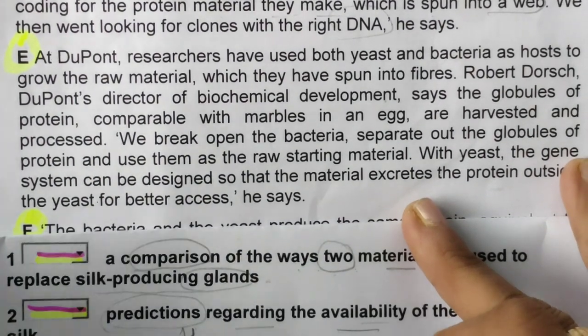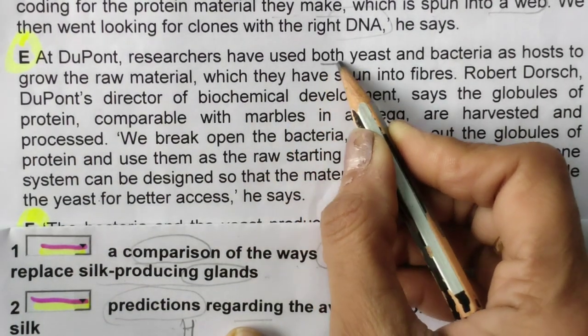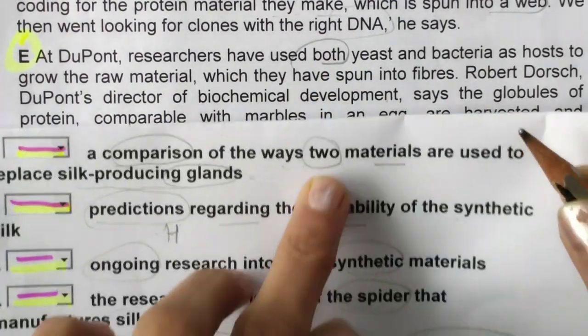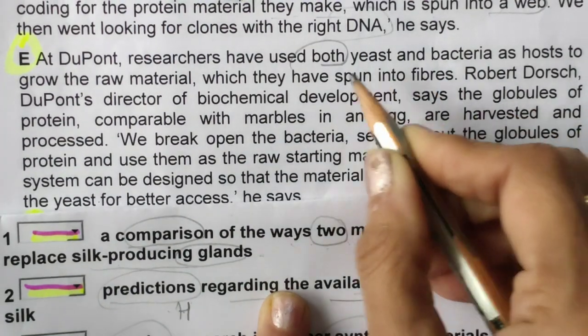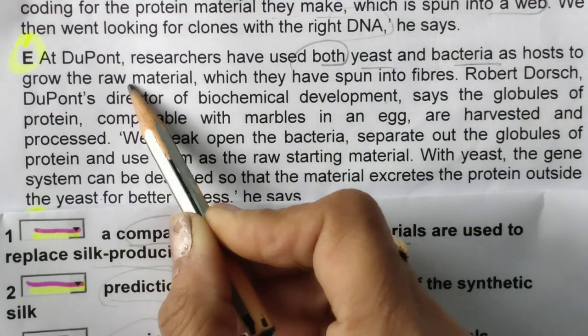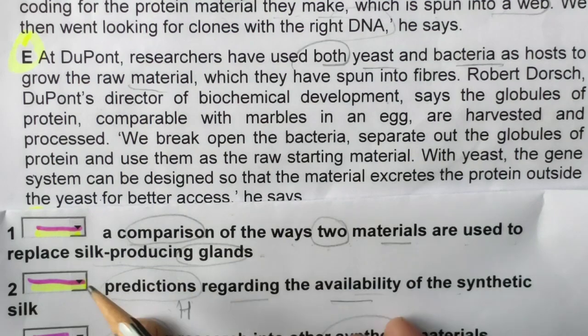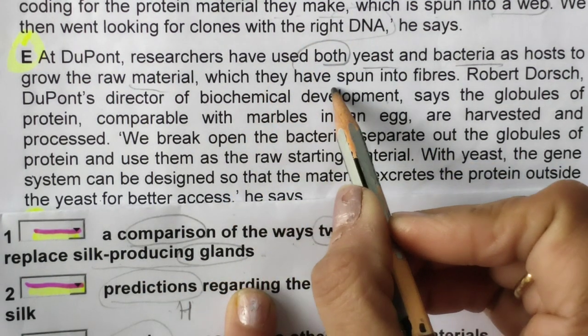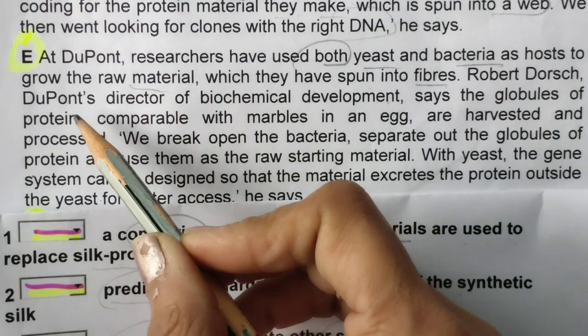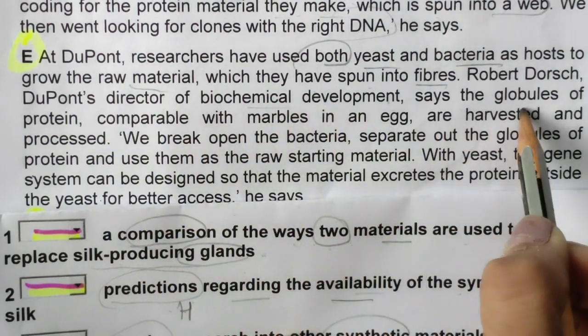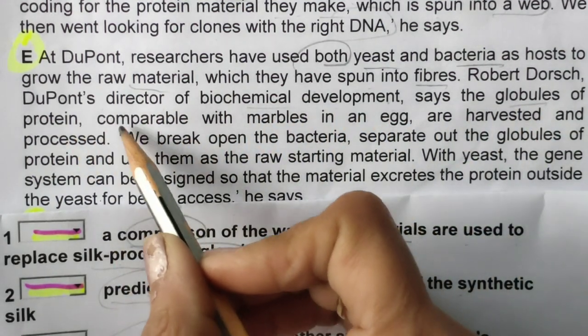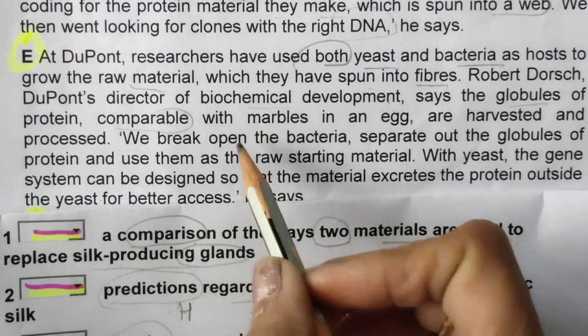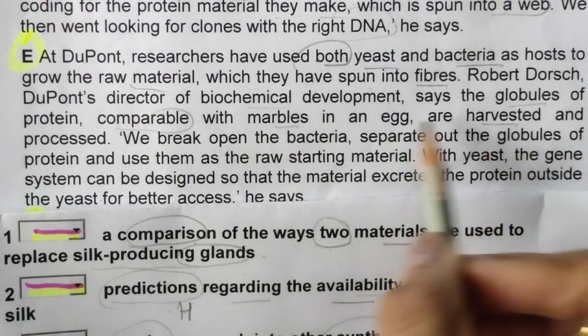At this point, researchers have used both yeast and bacteria as hosts to grow raw material, used to replace silk producing glands, which they have spun into fibers. Robert, director of biochemical development, says the globules of protein, comparable with marbles in an egg, are harvested and processed.